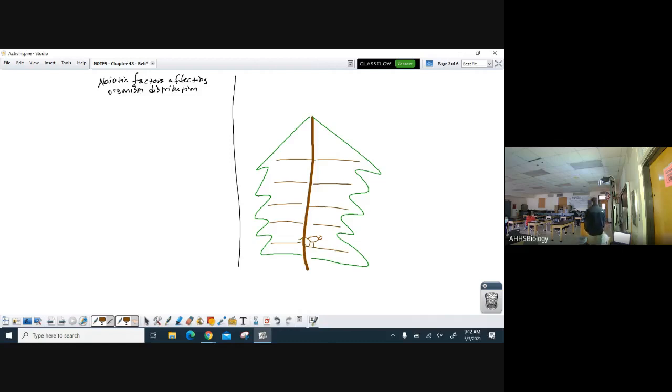Right there, regular squirrels. These squirrels are going to eat things that are produced in the trees. And so this entire tree is its potential niche. Right? It has the potential to fill in the entire trees and all of the entire forest. The problem is it never actually does, right?